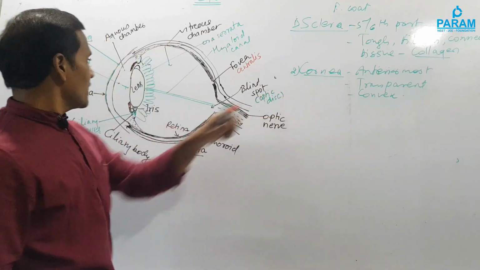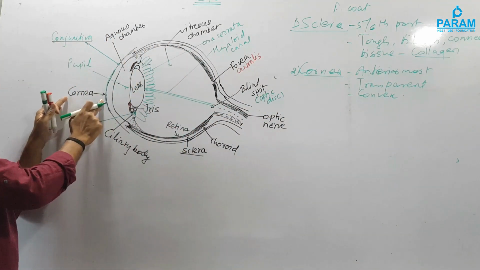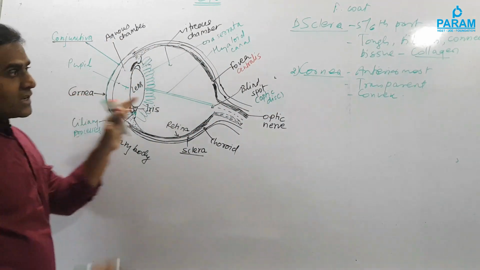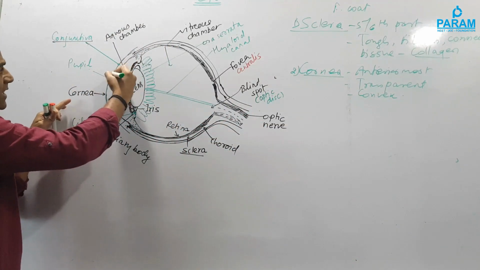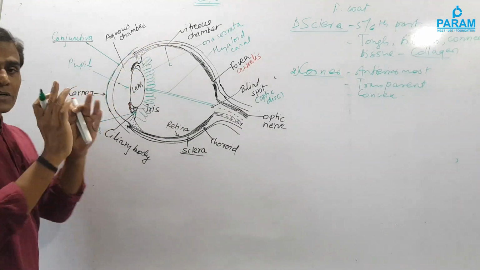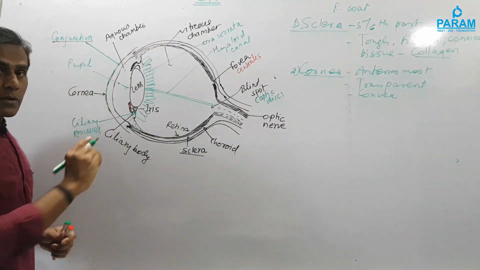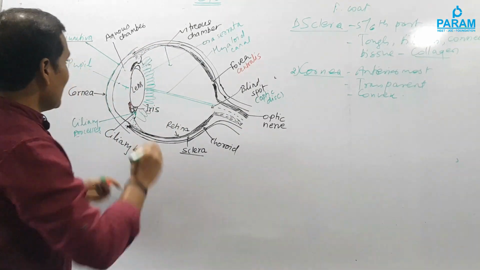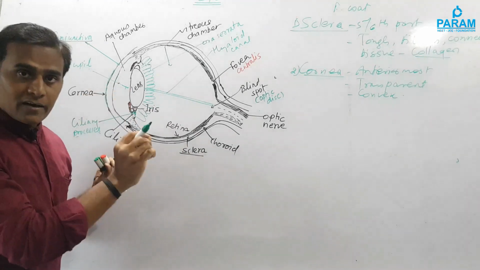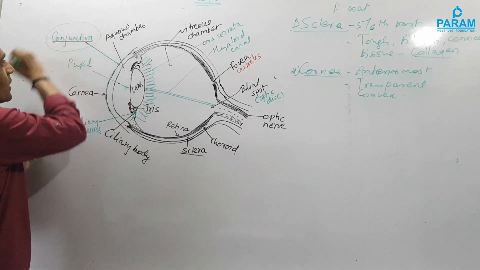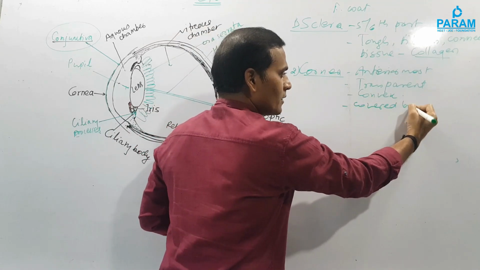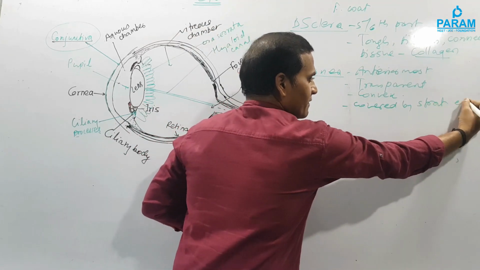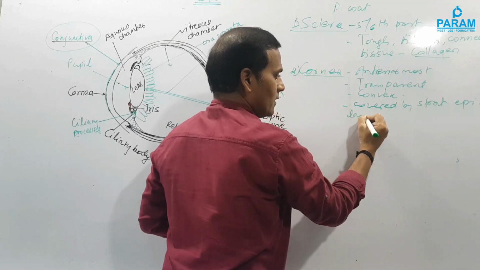This cornea is again covered with a transparent layer made up of stratified epithelium, and that stratified epithelial layer is called the conjunctiva.